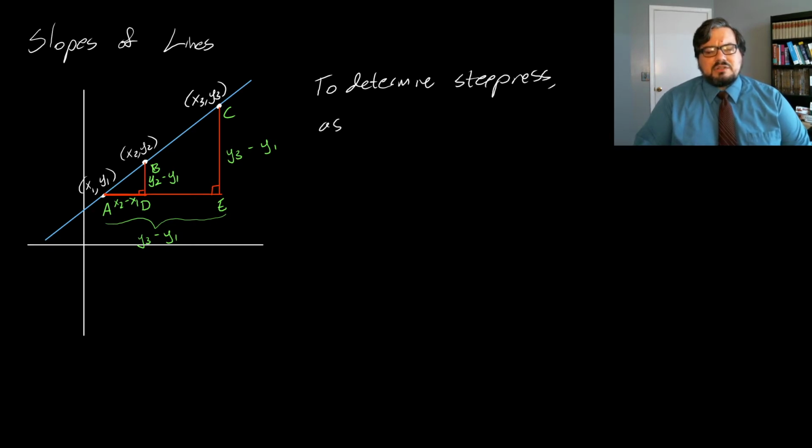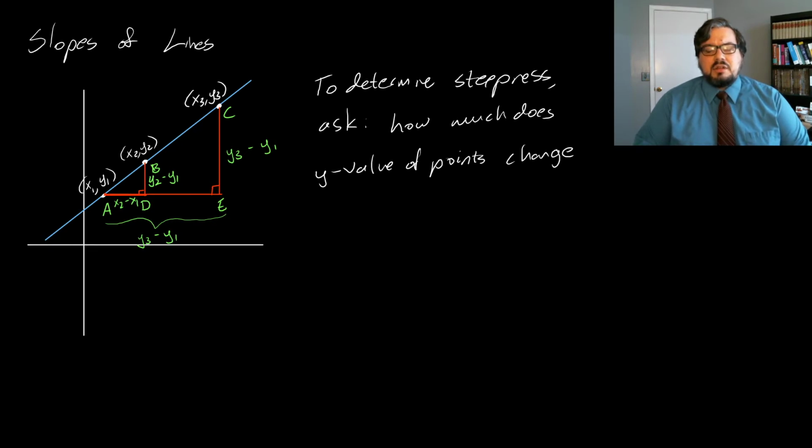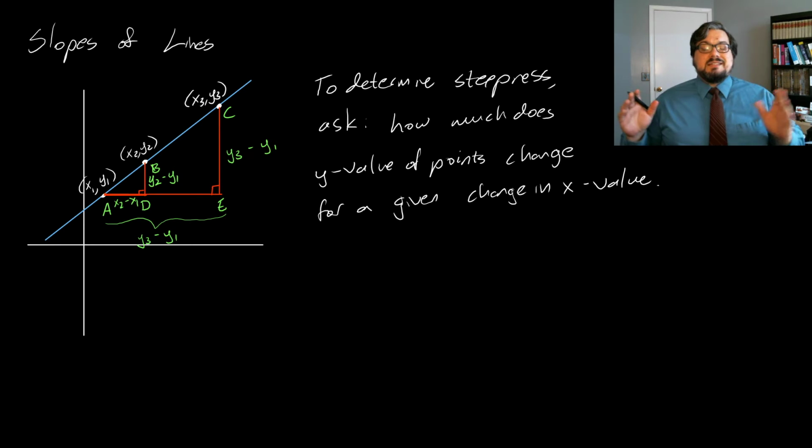To determine the steepness, we ask, how much does the y value of 2 points change for a given change in the x value? In other words, if I move some distance horizontally along the graph, how much have I changed vertically?